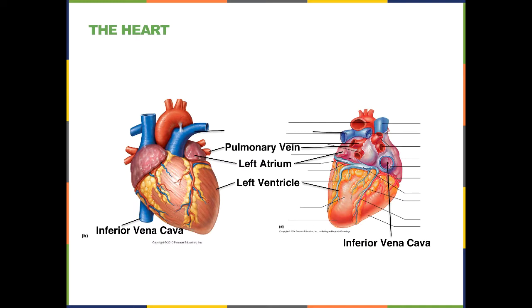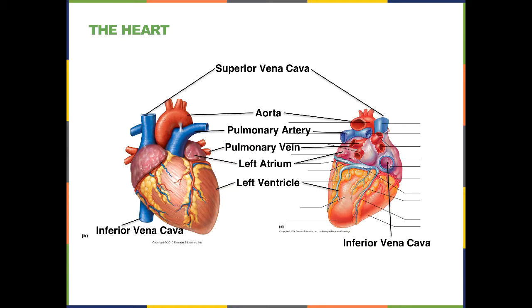The vessels that flow out of the heart into the lungs are called the pulmonary arteries. The vessel that comes out of the left ventricle and feeds the systemic circulation is called the aorta. The vessel that drains the superior part of the body, the head and neck region, is the superior vena cava.